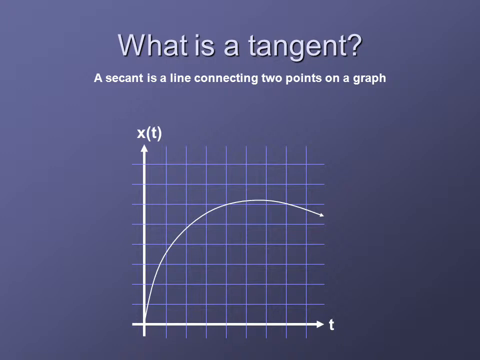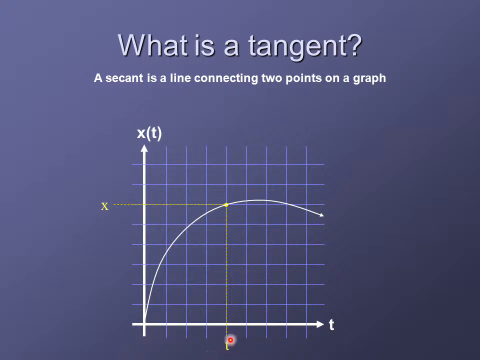Okay, so what is a tangent? In order to understand what a tangent is, you have to first understand what a secant is. A secant, otherwise known as a secant line, is a line connecting 2 points on a graph. So take one point that we care about.